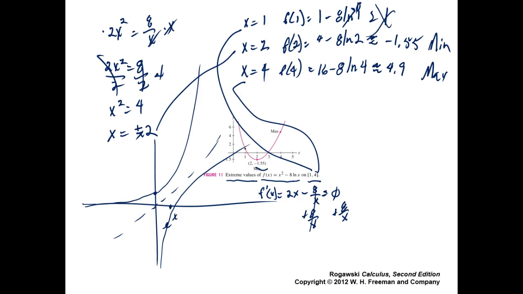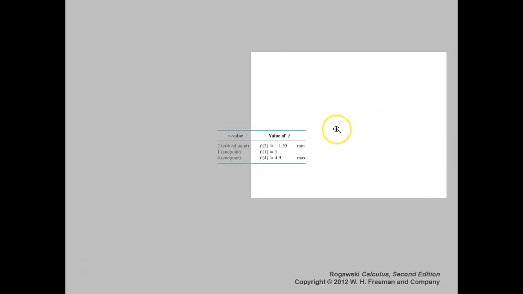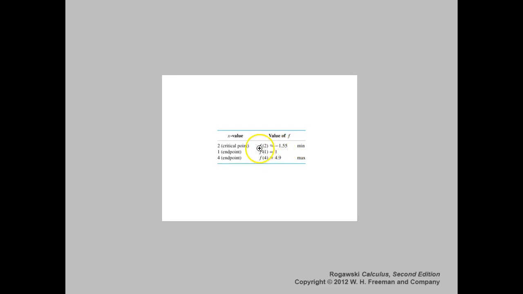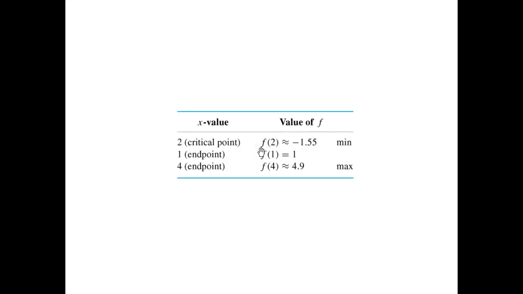Okay. So let's go to a trig function. Okay, and this shows those in the table. You don't have to do this, but it's sort of what I was just doing. And I like to do left to right. They do critical points first, endpoints. It doesn't matter how you do it.